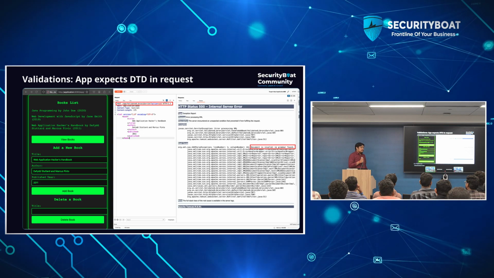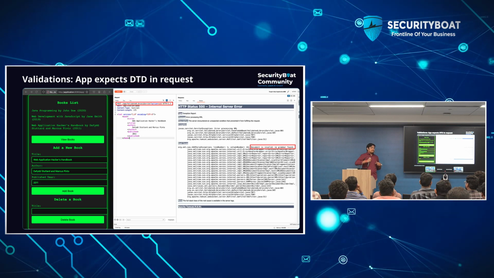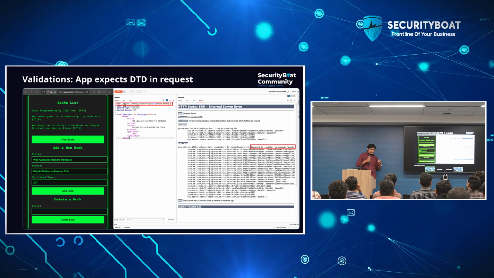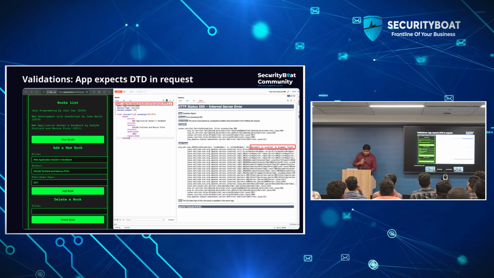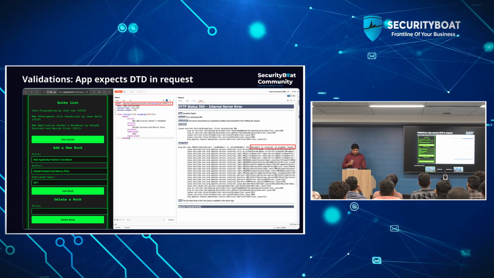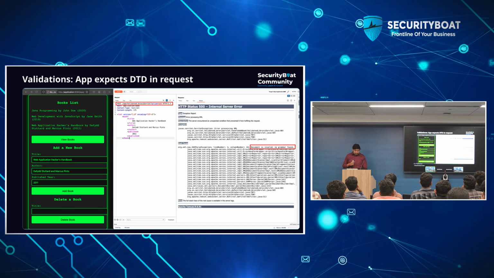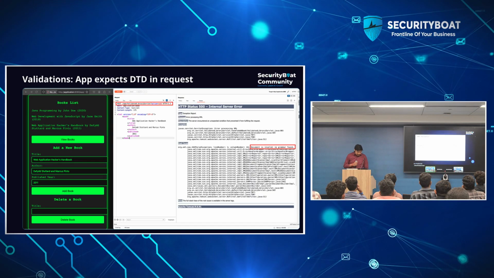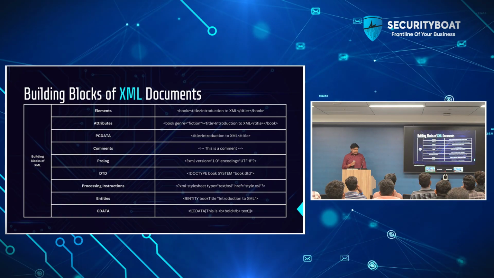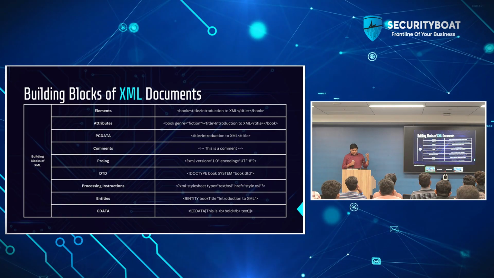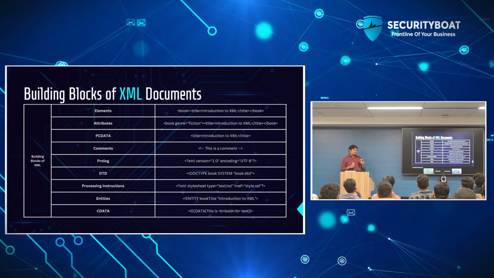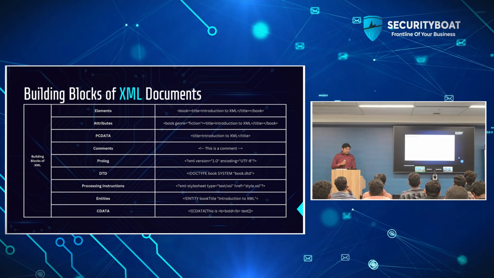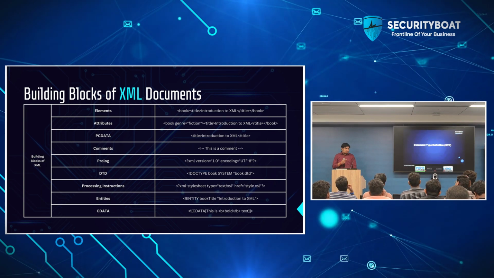That means it is expecting the DTD format. Initially, if you see the building blocks that we have seen in the DTD format, it has a specific format, right? Document type and some format. So we have to give our input in that format. That is what the error means.